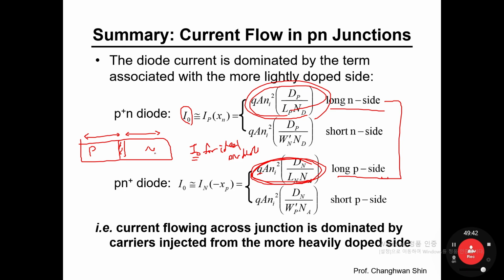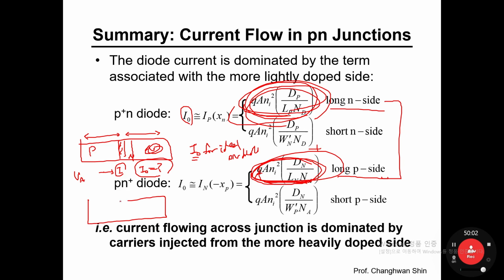What if this n side is very short? Then for a given bias voltage, how much current is flowing and what is the saturation current? Take this, long p side plus short n side. What if this p side is very narrow, n side is very long? Then for a given bias, how much current is flowing: I naught exponential QVA over KT minus 1.